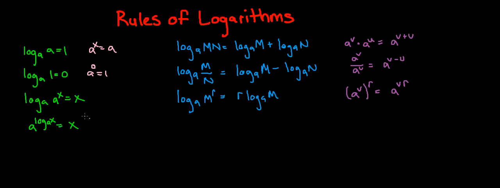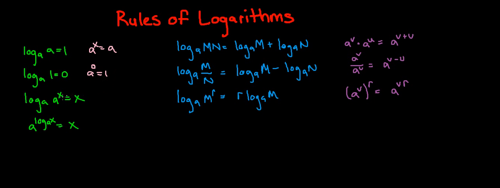So that's a basic property of logs. And these last two don't really have anything to do with exponents. What they are is basically telling us that we're doing a function of an inverse function, or an inverse function of a function. So let me explain what I'm talking about. Log base a of a to the x is equal to x. So what this is basically saying is that if we take the log base a of a to the x, it's just going to give us back x.